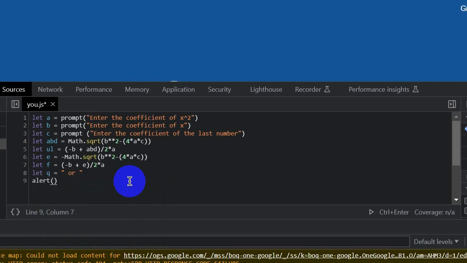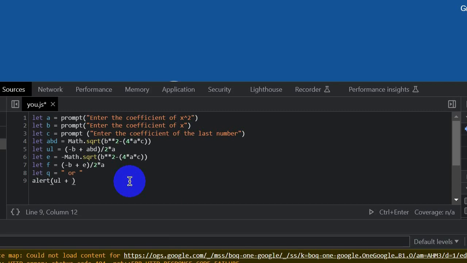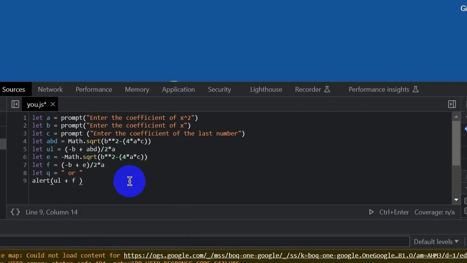Alert ul plus f, plus, no, ul plus q, yes, ul plus q plus f. This is more correct, you have two brackets because it's supposed to be in a bracket, sorry. So we're done. Just 9 lines of code.